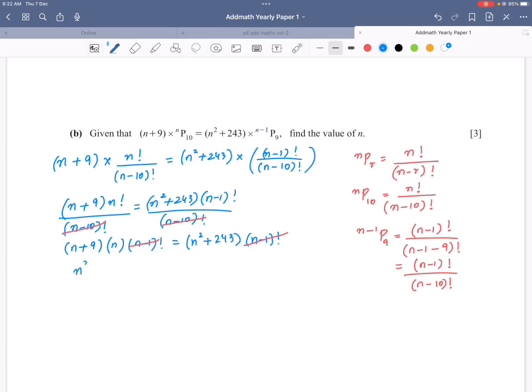So the leftover part is n square plus 9n equals n square plus 243. So n square cancels. We have 9n equals 243. Simplify them. So 243 divided by 9 is 27. So the value of n is 27. I hope that it is clear to you.